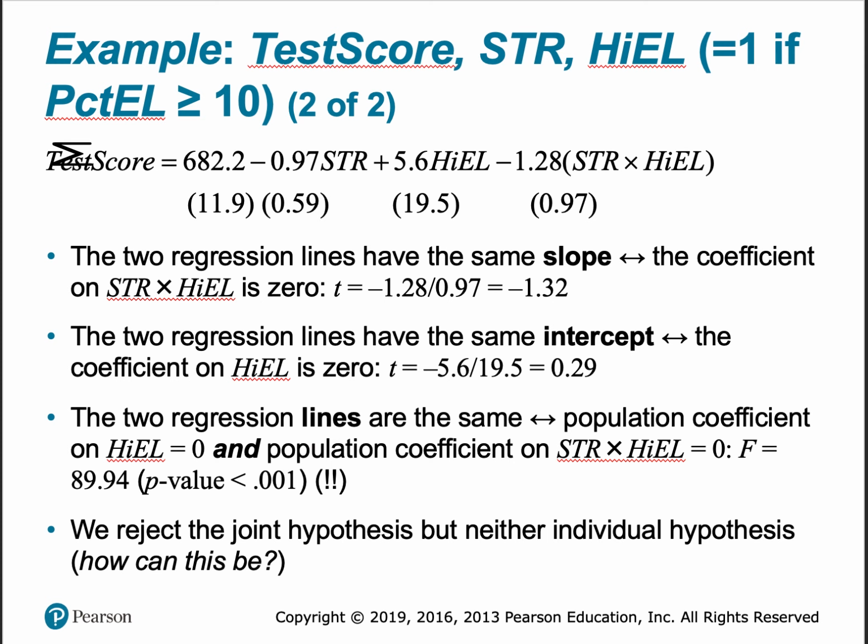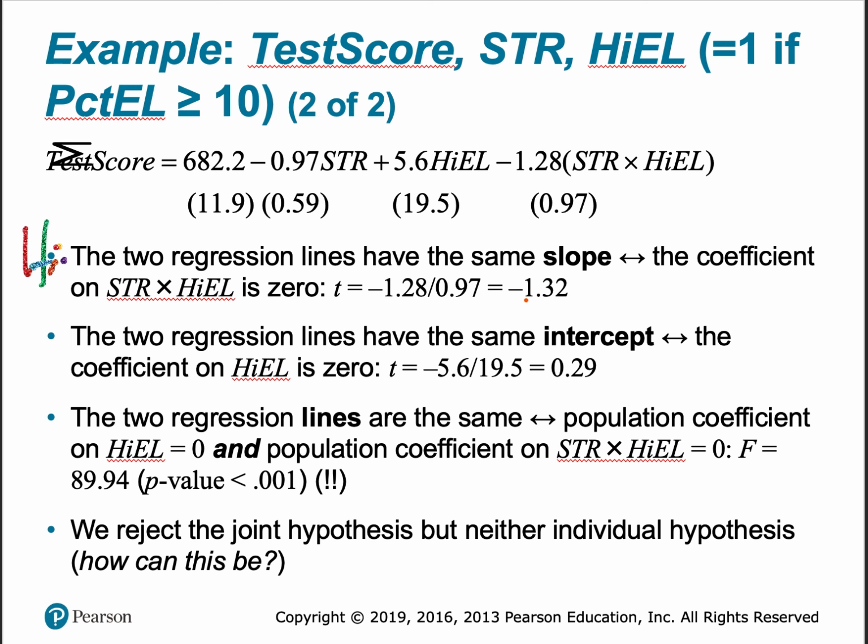Taking this a little bit further, let's pay attention to the statistical significance of these things. The two regression lines, we can test the null hypothesis, H naught: the two regression lines have the same slope. This null hypothesis is testing the statistical significance of the coefficient on the student to teacher ratio times high EL interaction, that being equal to 0.